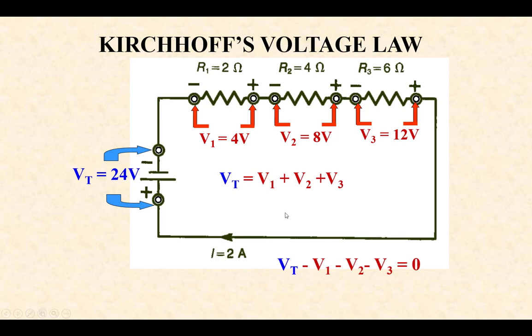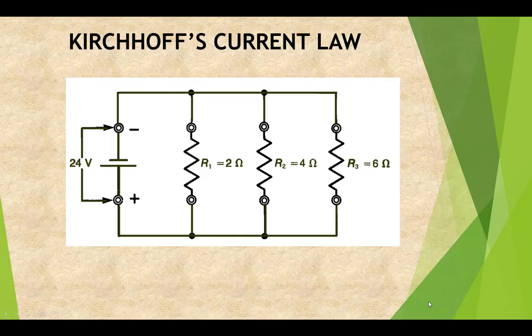This is saying kind of the opposite of this. If you start out with your total and then you start subtracting these individual ones, by the time you're done, you're going to end up with 0. And yes, 24 minus 4 minus 8 minus 12 leaves nothing.